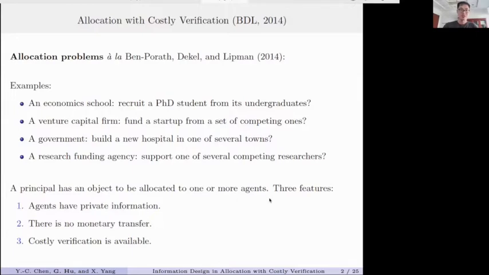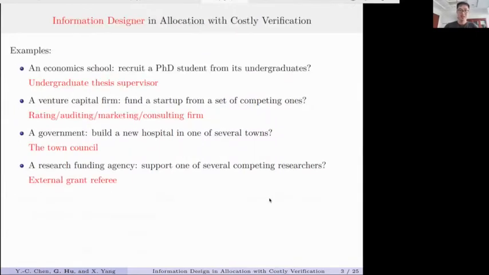So in this kind of allocation problem, we consider the role played by an information designer. Again, we use the same set of examples to illustrate who should be the information designer. In the PhD student recruitment problem, the information designer could be the student's thesis supervisor.